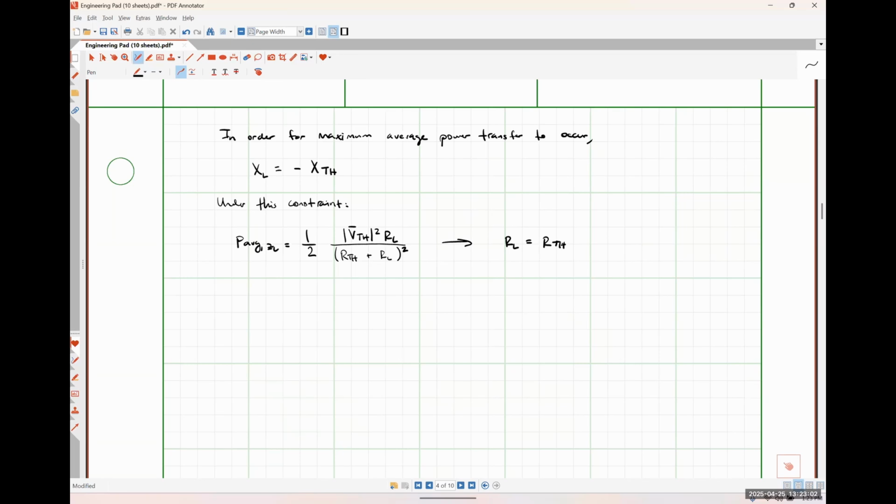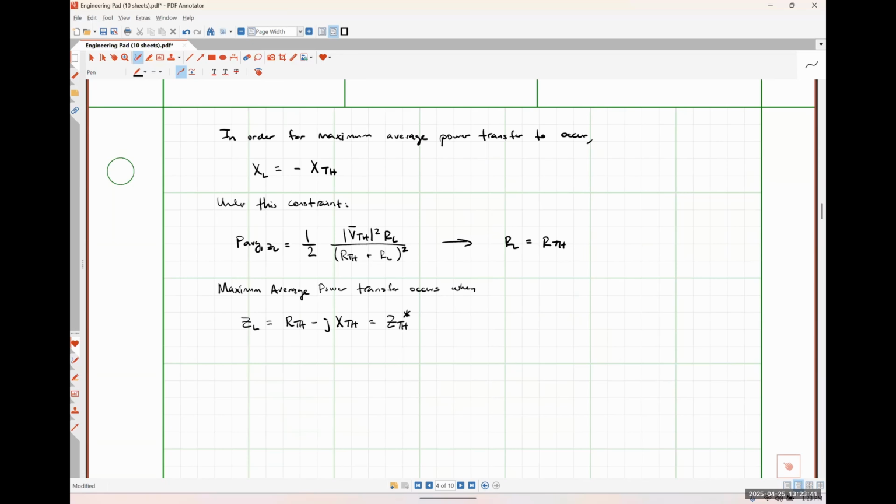So when we put these two constraints together, we find that maximum average power transfer occurs when our load impedance ZL is equal to RTH minus JXTH, which is the exact same thing as the complex conjugate of our Thevenin impedance.